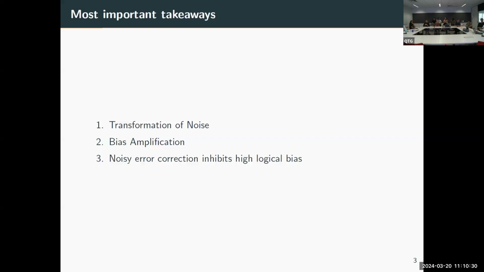But also the actual process of doing things like error correction amplifies the amount of bias that you have from the physical level to the logical level. And how you do error correction, the noise within error correction, knowing that error correction itself is a faulty component, very much influences what kind of logical bias you're going to have at the end.